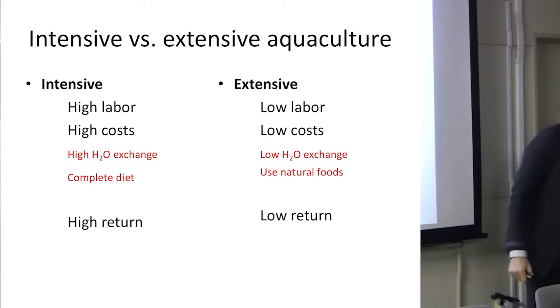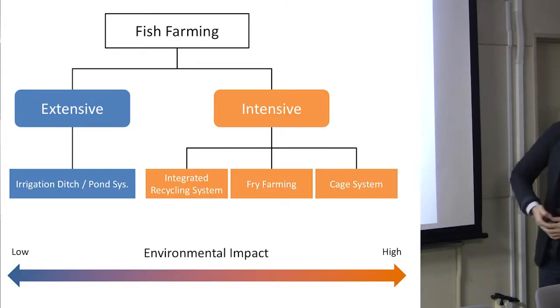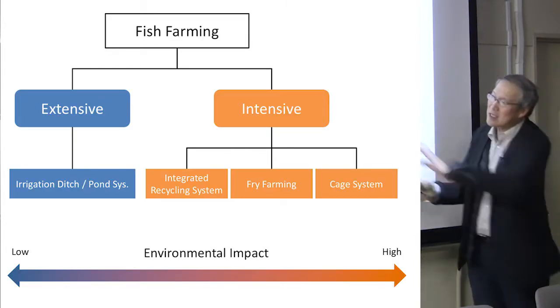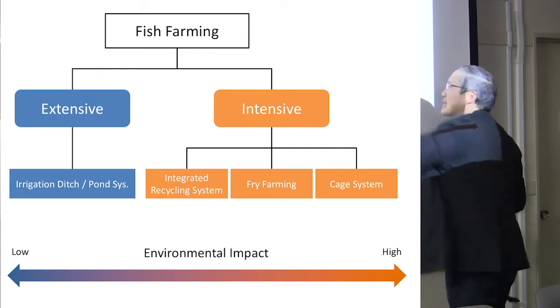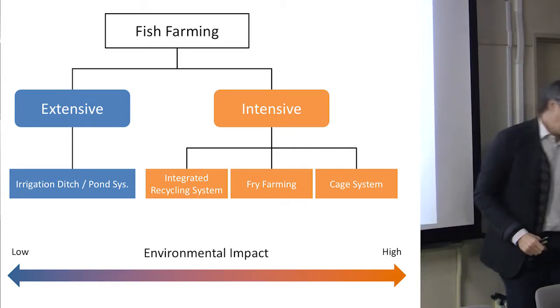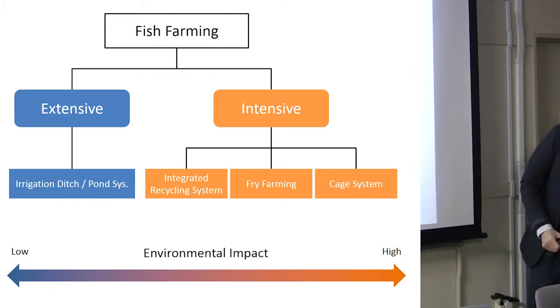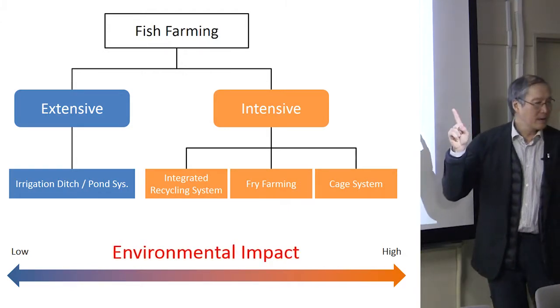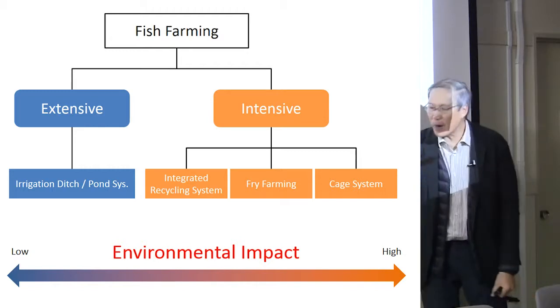I want to show you this diagram very quickly. Again, this is extensive here, low energy, and intensive, very high energy. But the most important information in this picture is environmental impact.